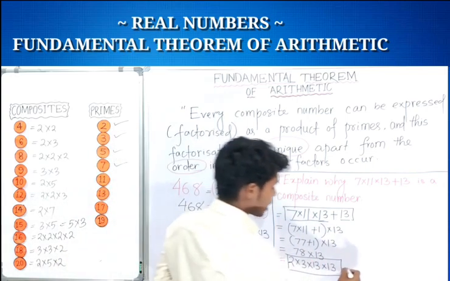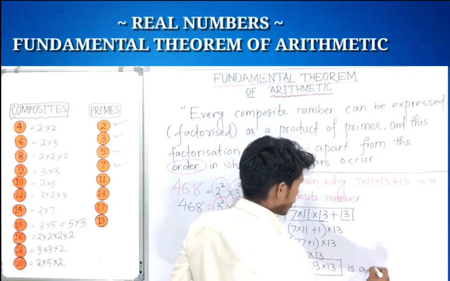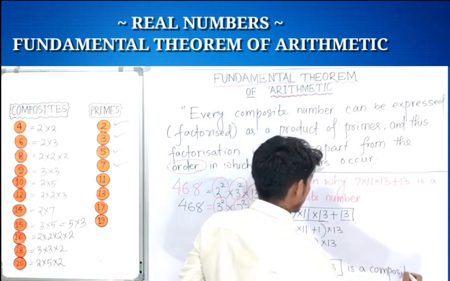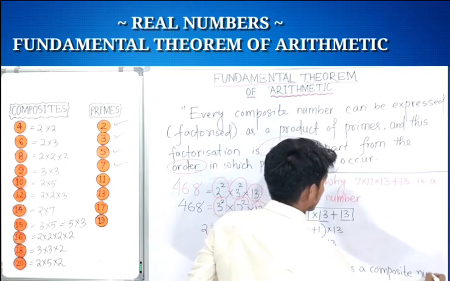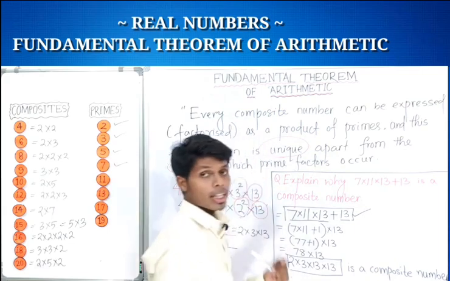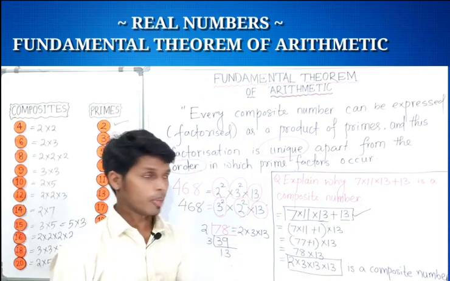So we can clearly say this is a composite number, as prime numbers are multiplied a specific number of times. So it is a composite number. Ultimately the original given number is also a composite number.